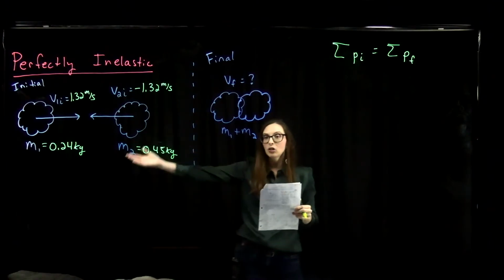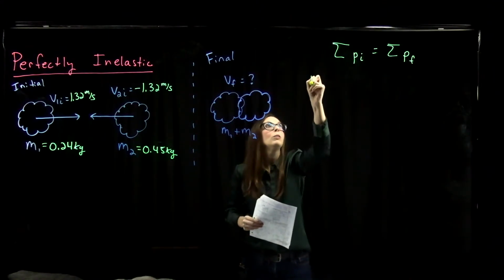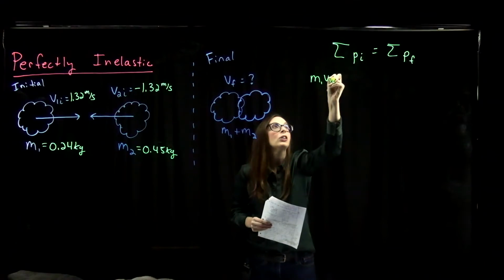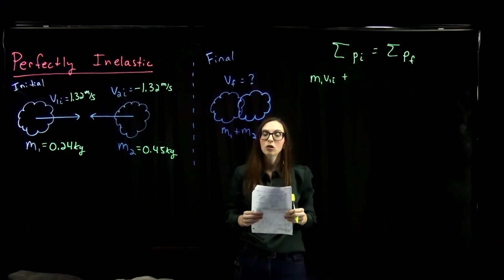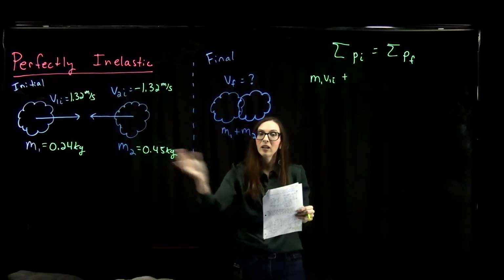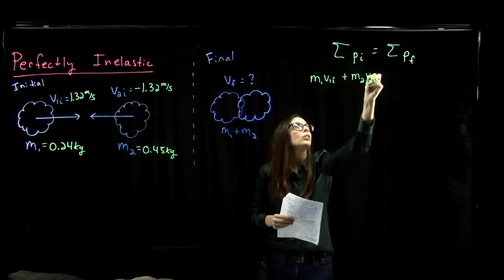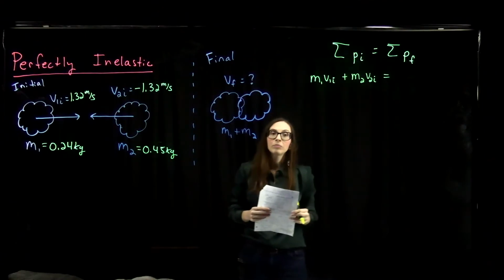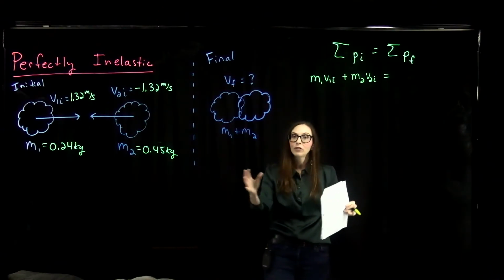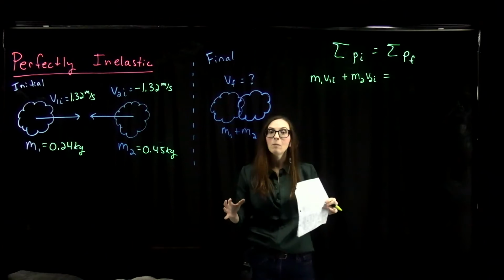So the initial momentum of mass 1 would be m1 v1 initial, plus the initial momentum of my second ball, m2 v2 initial. And that has to equal the momentum after the collision of my combined masses.